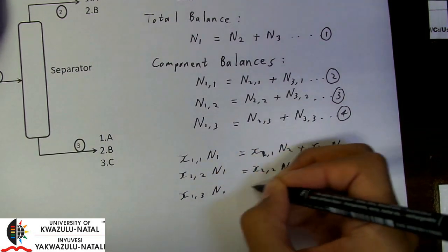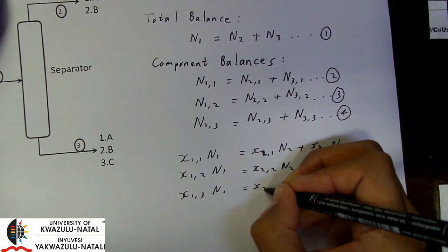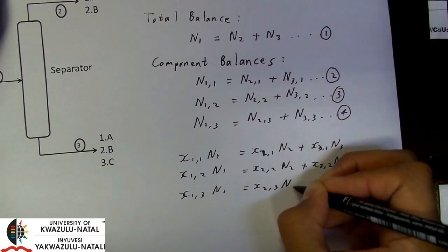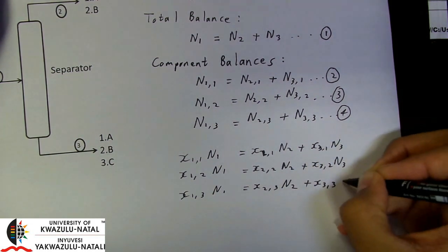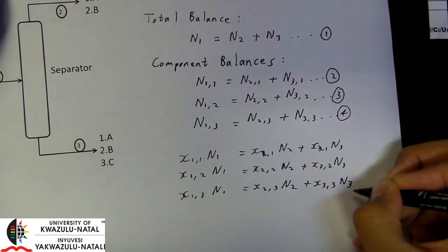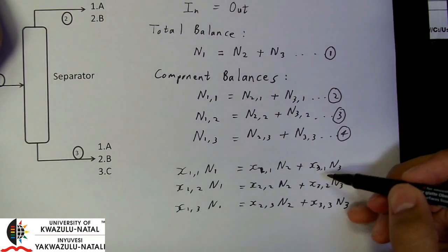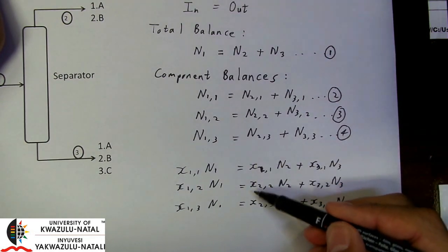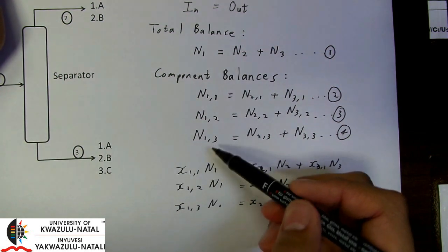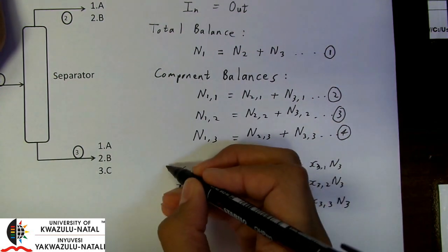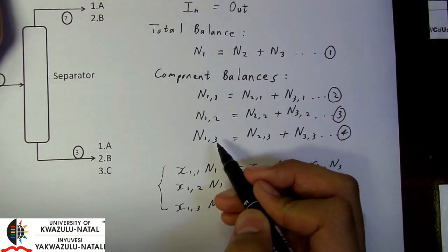Okay, and for component 3, okay, and so these three balances are equivalent to these three balances here. Okay, so this is just an alternate expression of these three component balances.